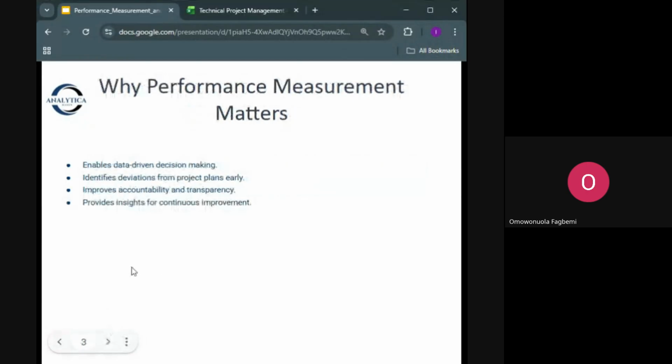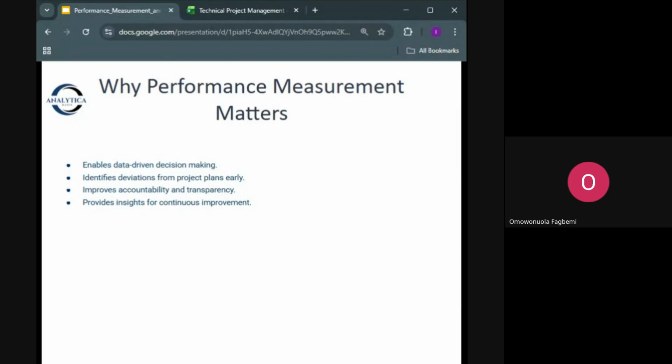So why does performance measurement matter? Because it is how we know the health of our project. If the duplex foundation took 30 days instead of 14, you want to know why immediately.